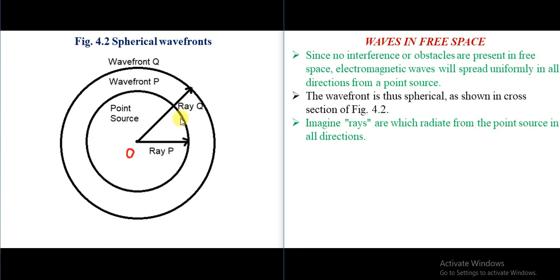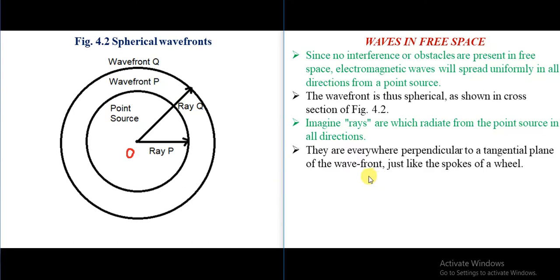Here only two rays are shown, but from this point source, all the rays are radiating in all the directions. They are everywhere perpendicular to the tangential plane of the wavefront, just like the spokes of a wheel.